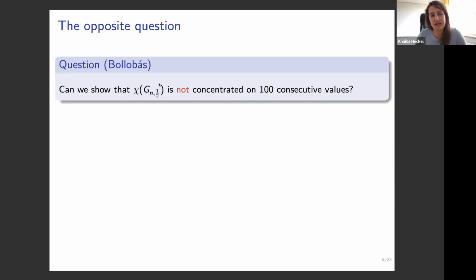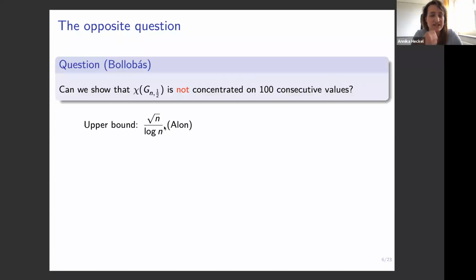And he asked, can we at least show that the chromatic number of G(n,1/2) is not concentrated on, say, 100 consecutive values? Now, if you compare this to the upper bound that we have in this case, that's quite far away from this. So it does not seem like the most ambitious goal, but still this stayed open for quite some time.